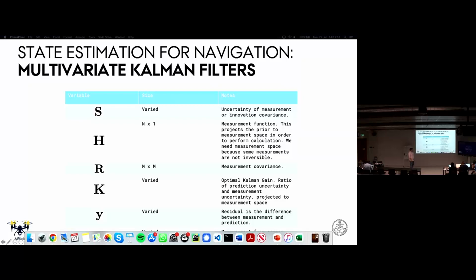And this is mainly because there are sensor readings which are not invertible, and this is the main reason why you would actually use this.